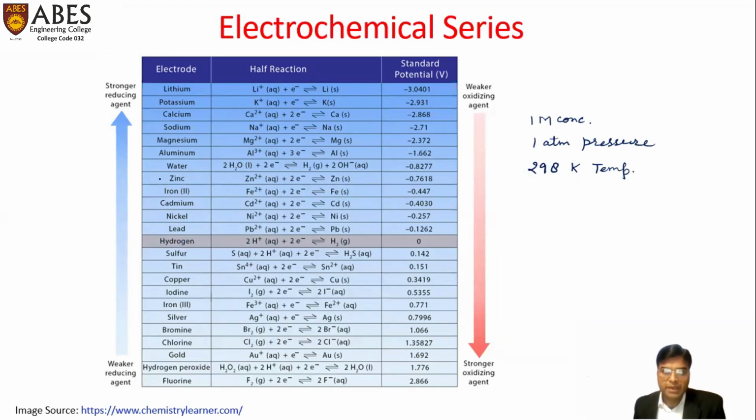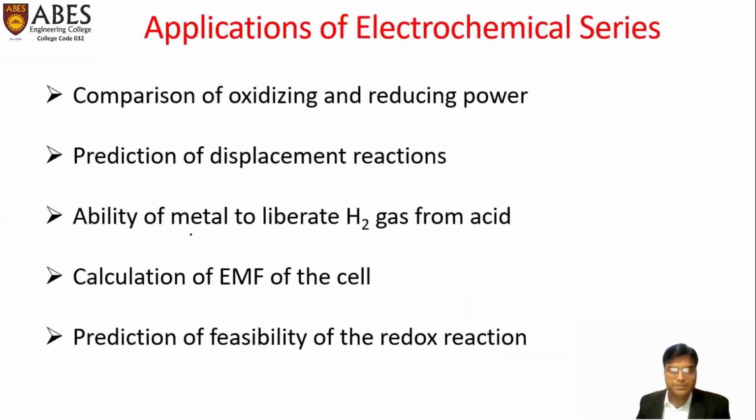It means any metal which is listed above the standard hydrogen electrode will give the electrons to the H plus ions and convert it to the hydrogen gas. It means the metals on top of the standard hydrogen electrode can liberate the hydrogen gas from the acid.